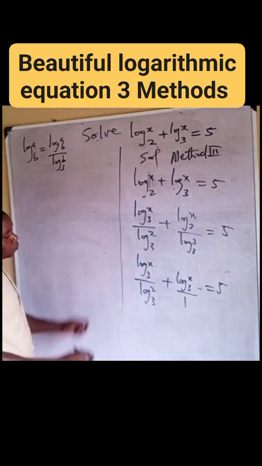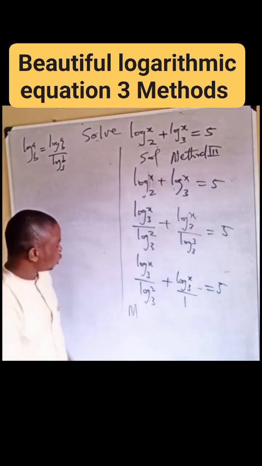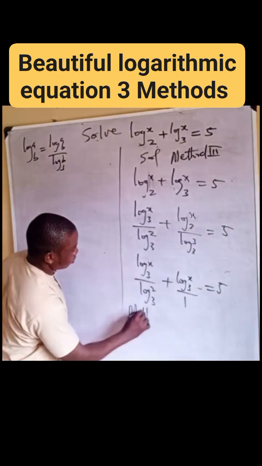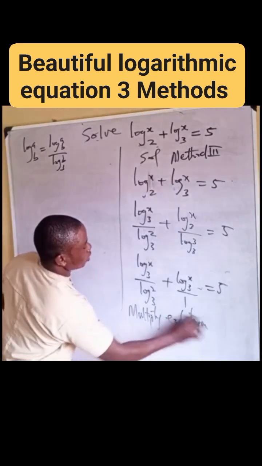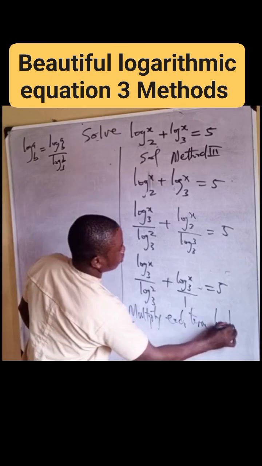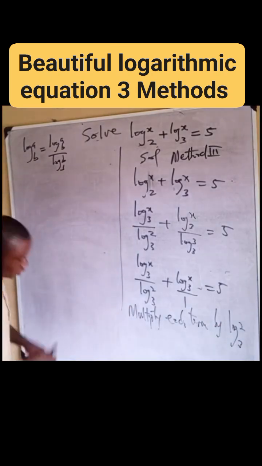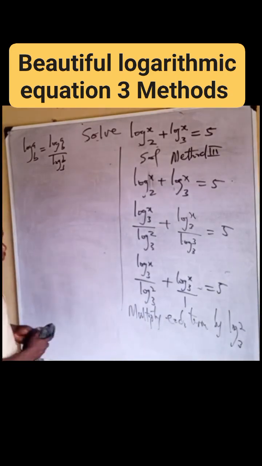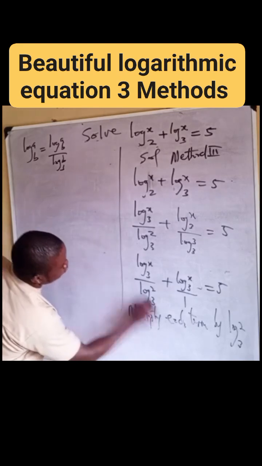So at this stage we are going to multiply each term. Let us remove the fraction by multiplying each term with log 2 base 3. Let's see what our result will be when we do that. Log 2 base 3 multiplied here will cancel this.